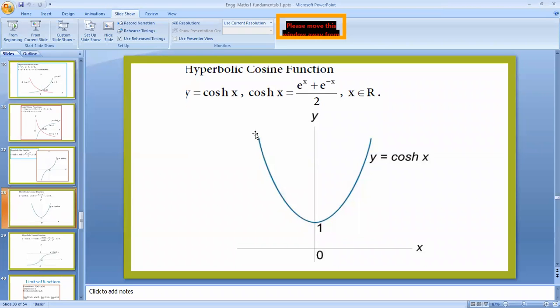Am I right? And when you join them, you get the graph of cosine hyperbolic x. Cosine hyperbolic x. So this is the way to define or to draw the graphical representation of the function. Okay.